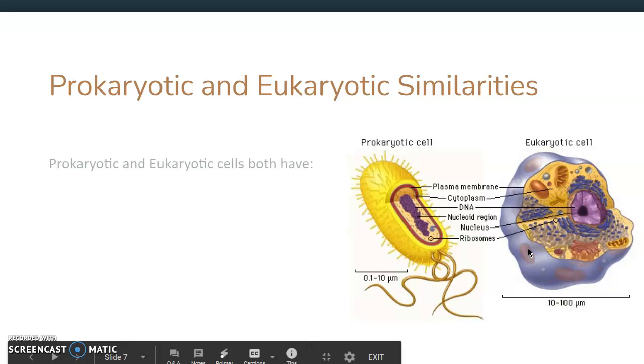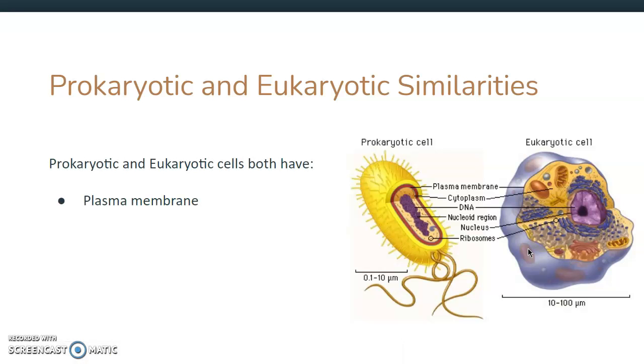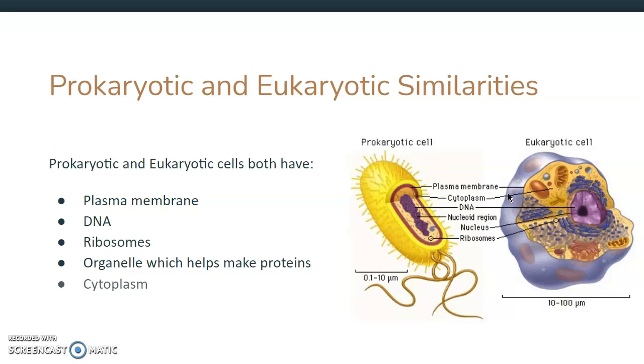But our prokaryotic and eukaryotic cells both have a plasma membrane, which is also the cell membrane. They have cytoplasm, which is our fluid-like substance, like water on the inside. They both have DNA.